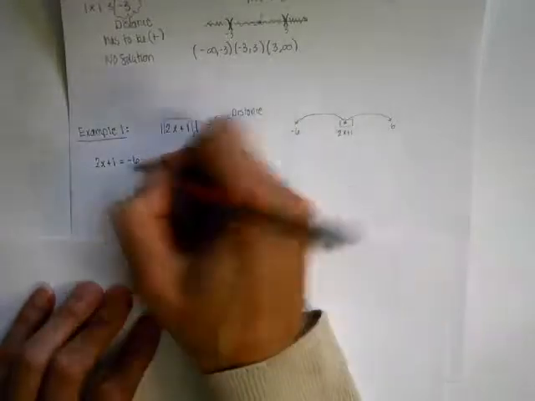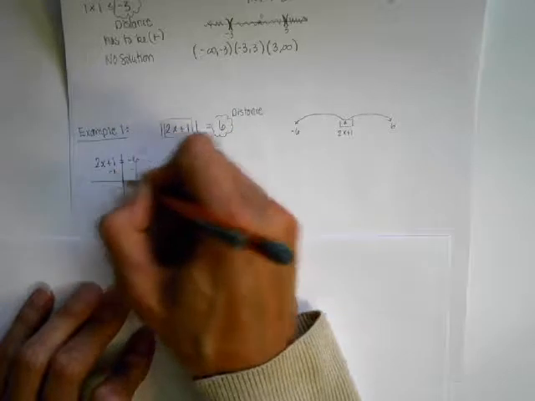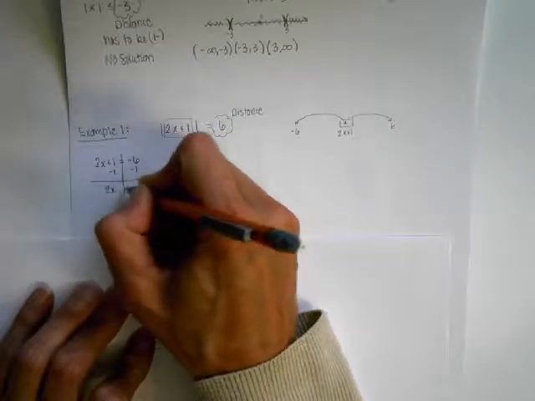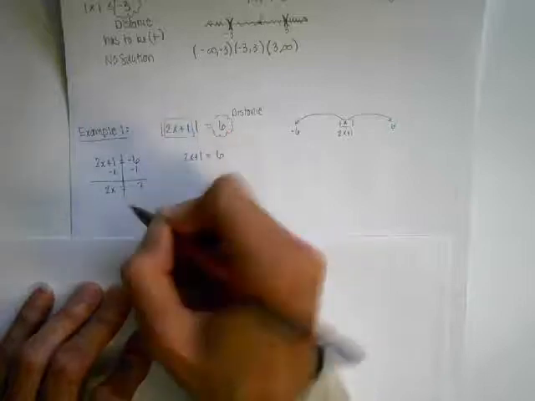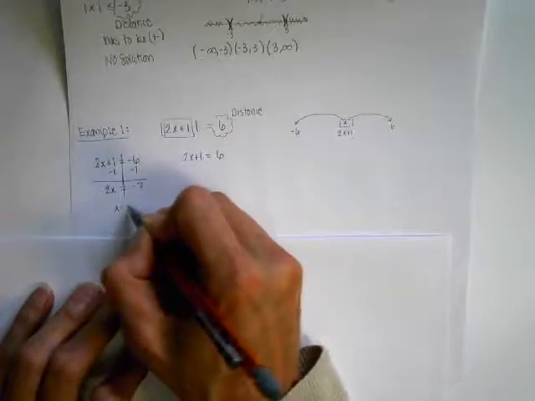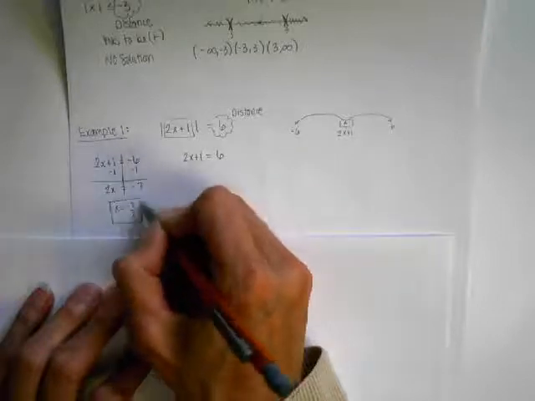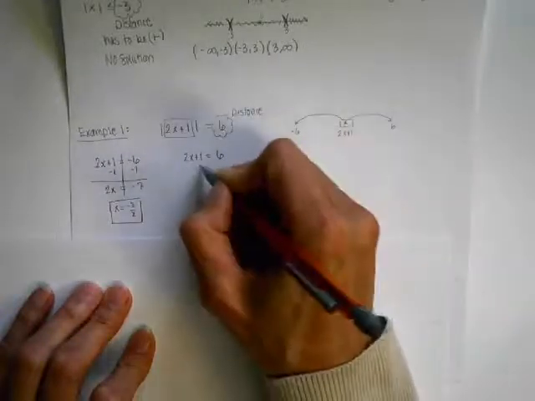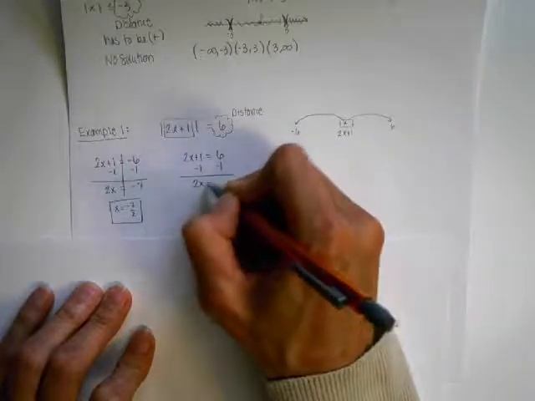In this case, we're going to subtract 1 and get 2x is equal to negative 7. Dividing by 2 gives us x is equal to negative 7 halves. On this side over here, we're going to subtract 1, and we get 2x is equal to 5.